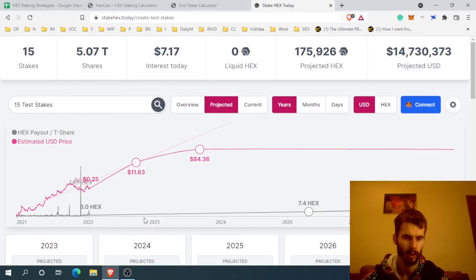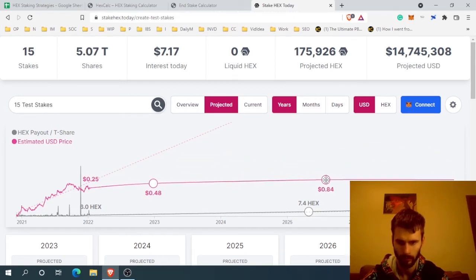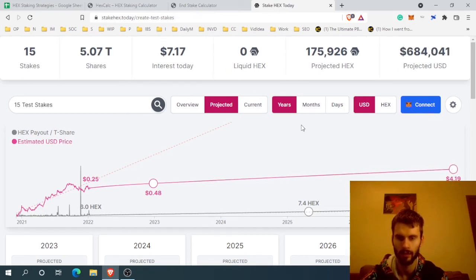For example, the price is set at $11, not even at the end of 2023, which is maybe possible, maybe, but it's very, very high. So if we have it at, let's say, 50 cents in 2023, and maybe at the end we have like $3 or $5, we can basically estimate it.